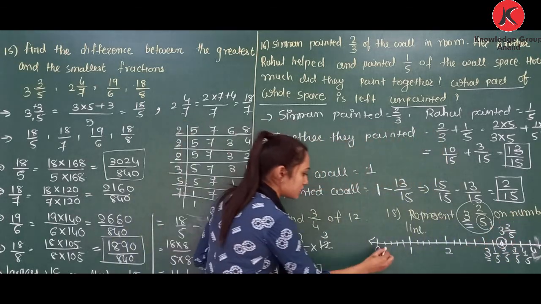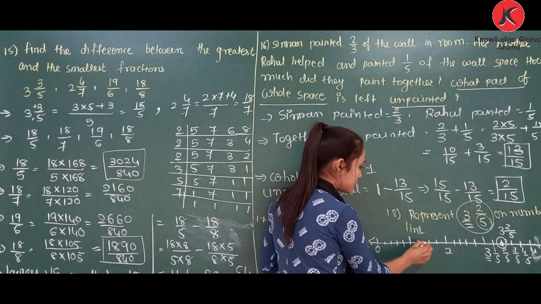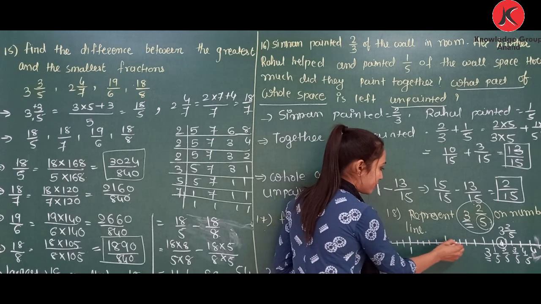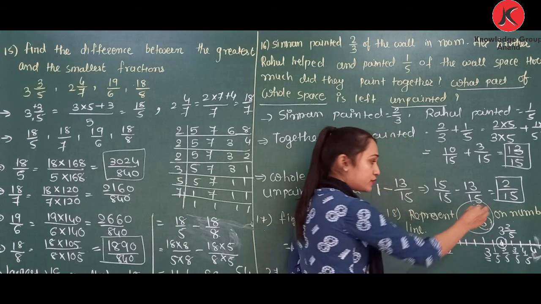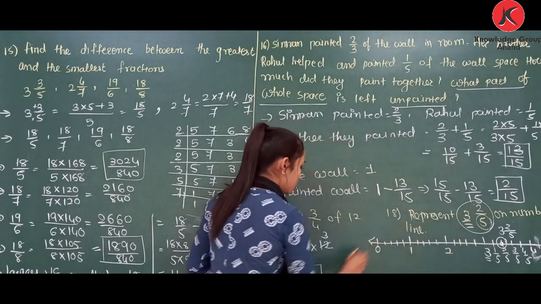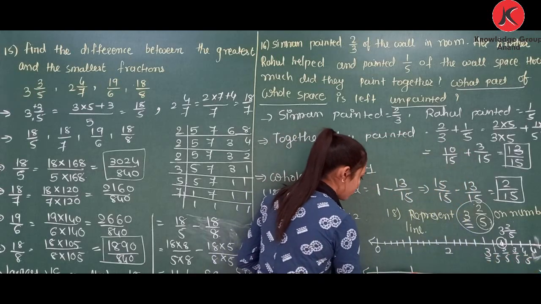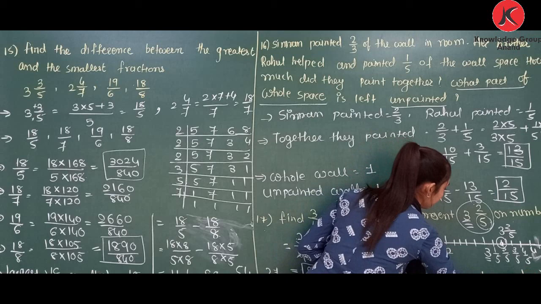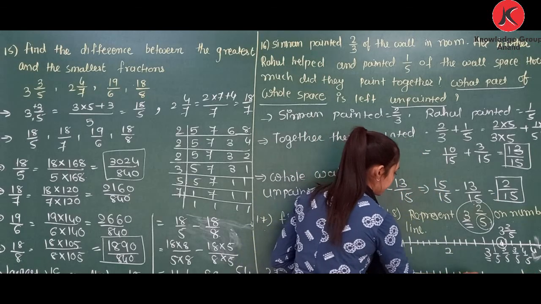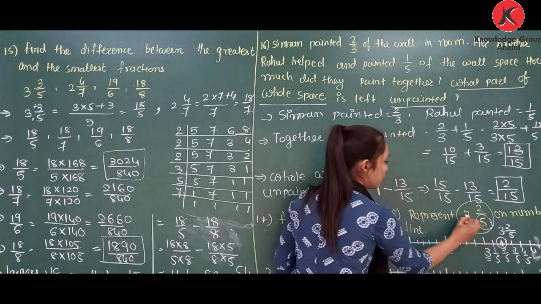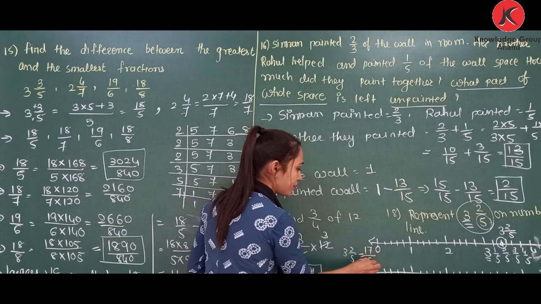Or you can consider this one: 1 by 5, 2 by 5, 3 by 5, 4 by 5, 5 by 5, 6, 7, 8, 9, 10, 11, 12, 13, 14, 15, 16, 17. 3 5s are 15 plus 2, 17 by 5. If you convert them, you can represent it like this also. Divide them into 5 equal parts. Now 3 2 by 5 is 17 by 5.